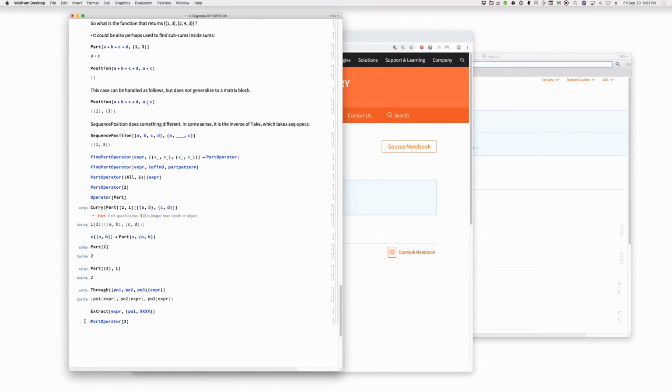Well, so what would you write? You'd write something like select hash greater than 2. And then you would write @ star part operator, is that right?